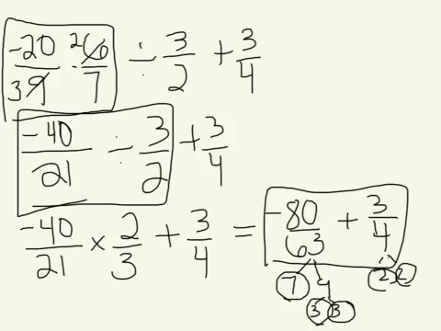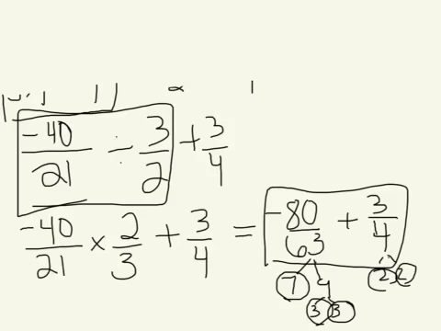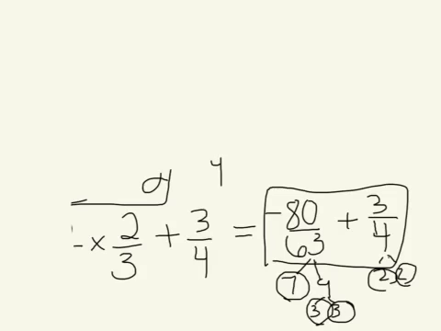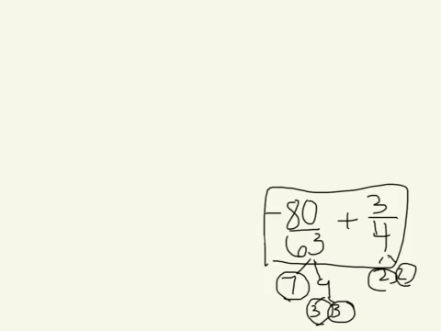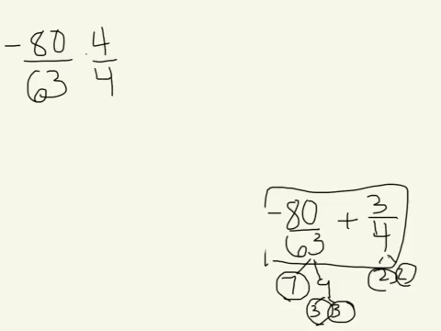Alright, so one more time I'm going to erase and finish it up. Oh my goodness. Alright, so we take negative 80 over 63, and to build it up to a common denominator we times it by 4 over 4, and then we take the second fraction, 3/4, and we times it top and bottom by 63.